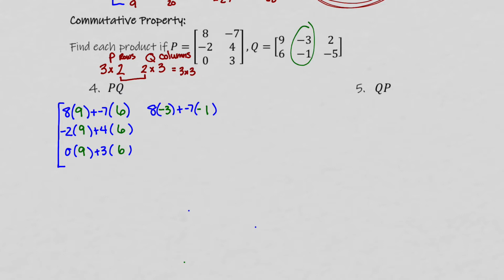Okay. Move down to the next row. -2 and 4. And I'm using that column of -3 and -1. Okay, move down to the third row. 0 and 3. And that column is -3, -1.